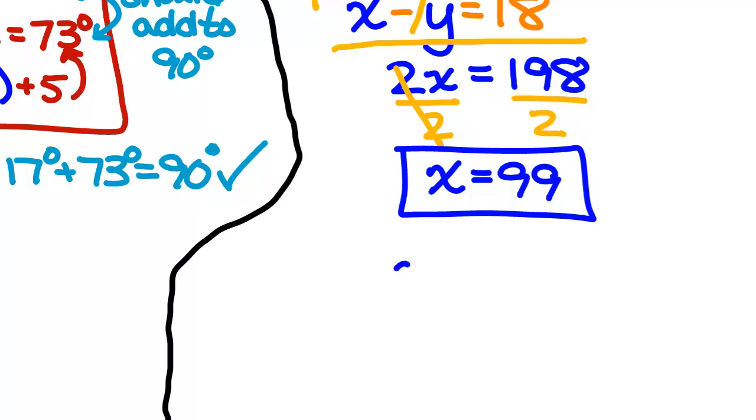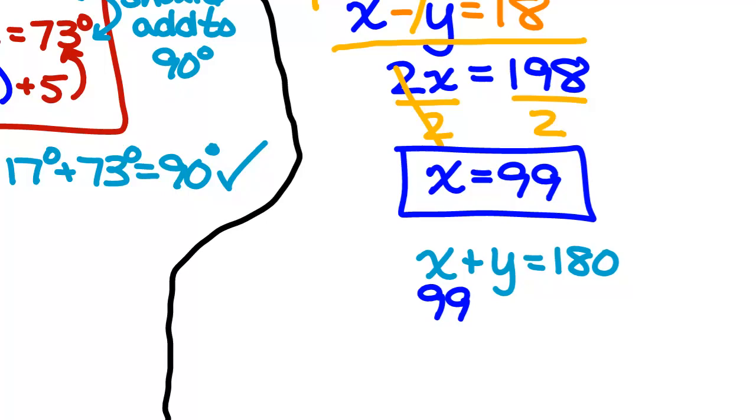So using that top equation, x plus y equals 180. We're going to put 99 in the place of the x. So 99 plus y equals 180.